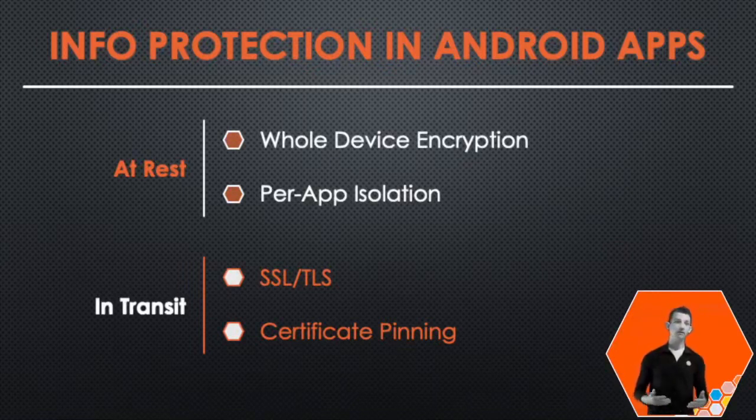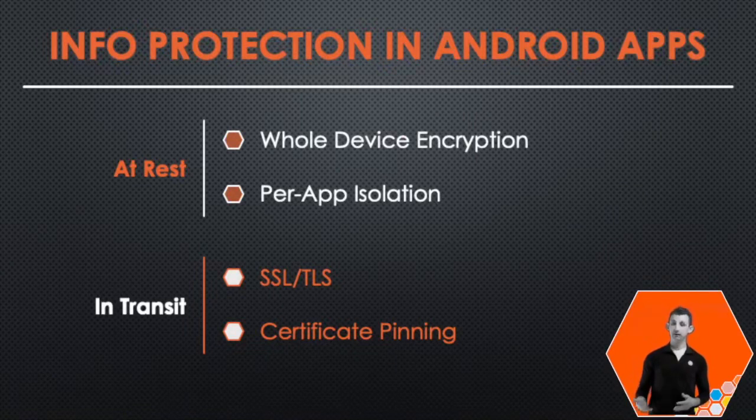And when we're talking about information protection, especially in a mobile device environment, we can generally break those down into two categories: protection at rest and protection in transit. Of course, in a mobile environment, data protection at rest is especially important because our devices are so small, they're easy to lose.